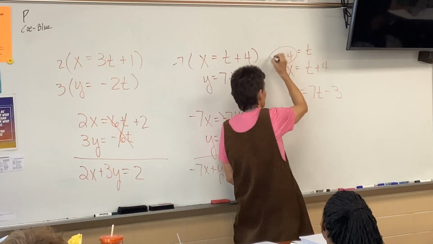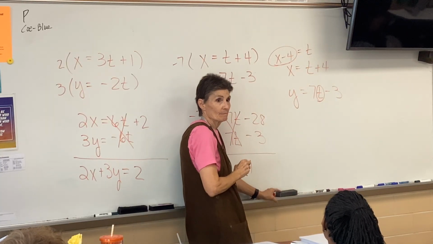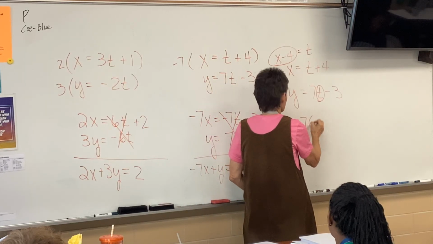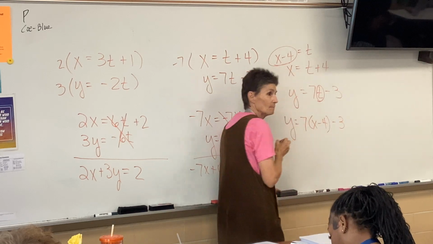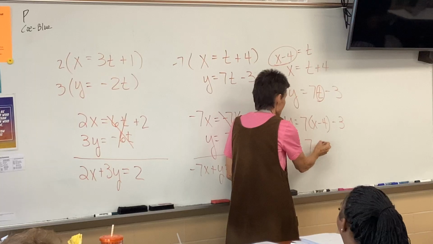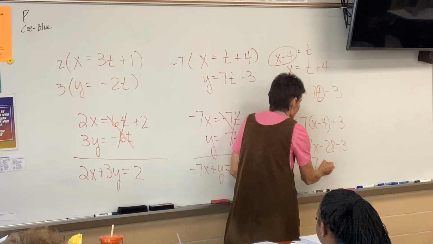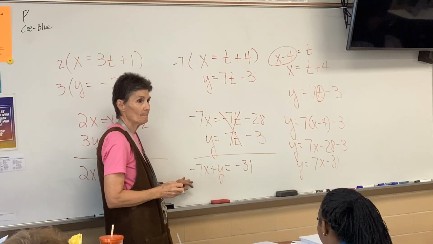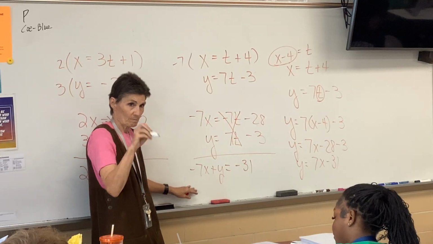And then I could take that and plug it in right here. So I would have y equals 7 times (x minus 4) minus 3, which is y equals 7x minus 28 minus 3, or 7x minus 31. Now, it looks a little bit different than this one, but aren't those the same equation? Just rearranged.